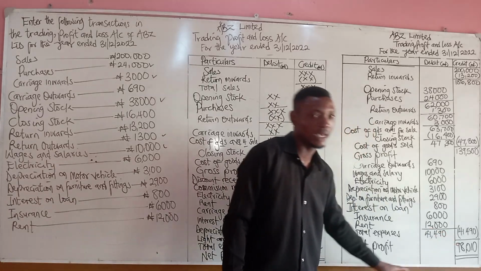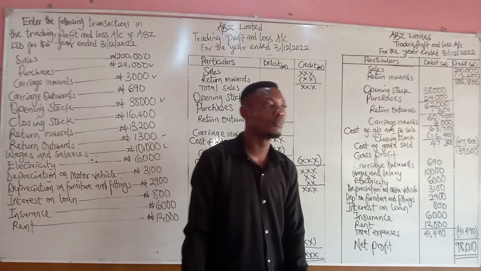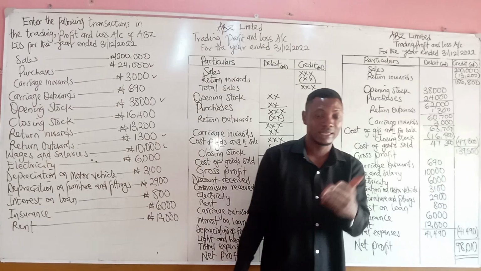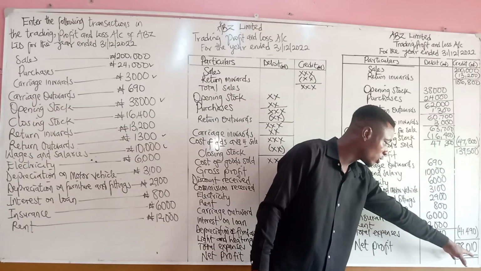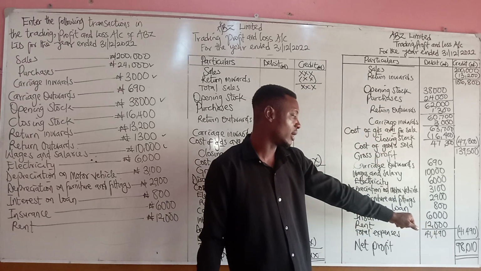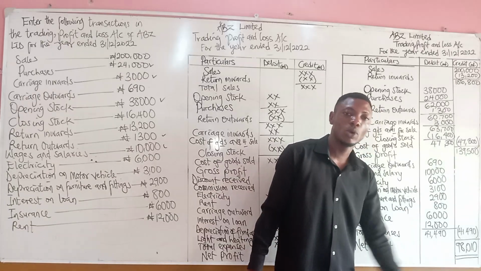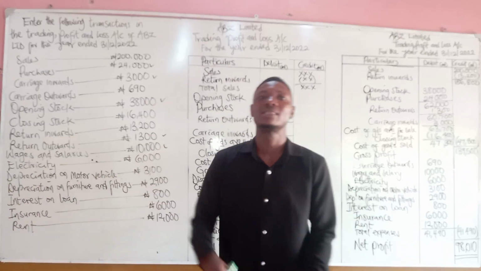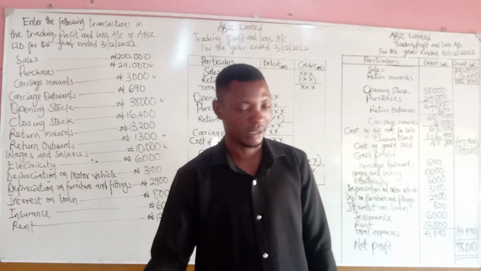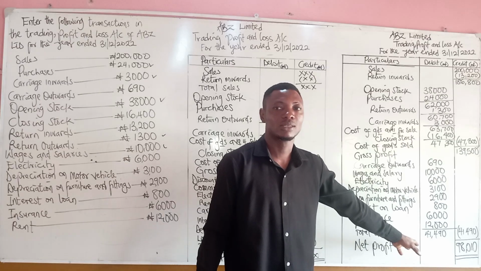We'll calculate 10% of our net profit and subtract it from the net profit. Once we subtract it, the tax will be 9,801. Then when we subtract it, what we will now have is net profit after tax, that is, if the tax was given.